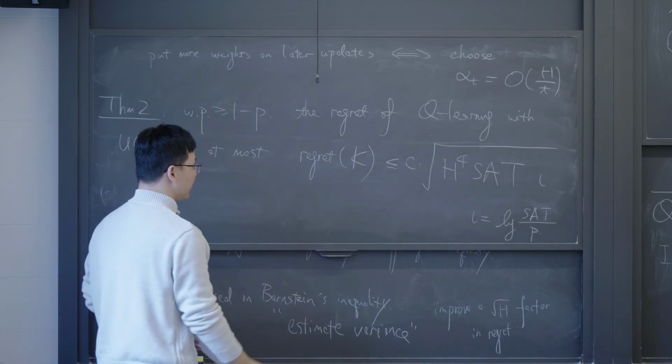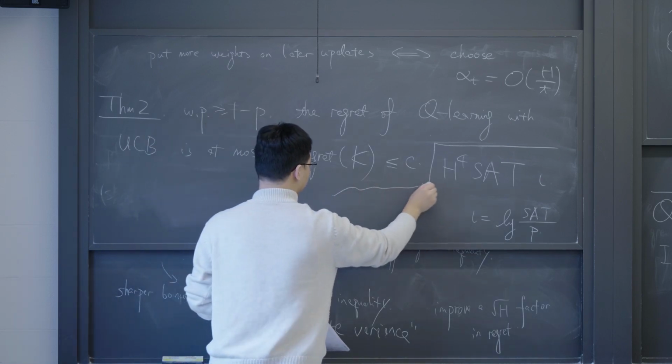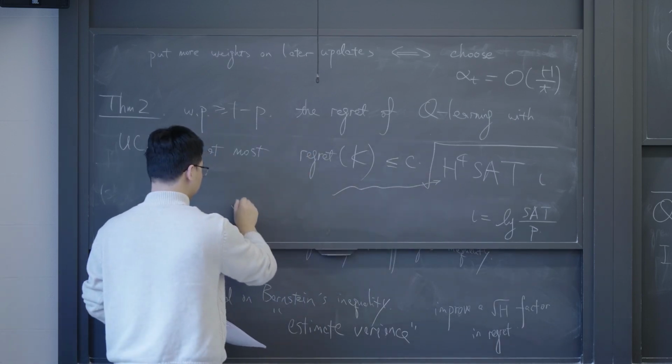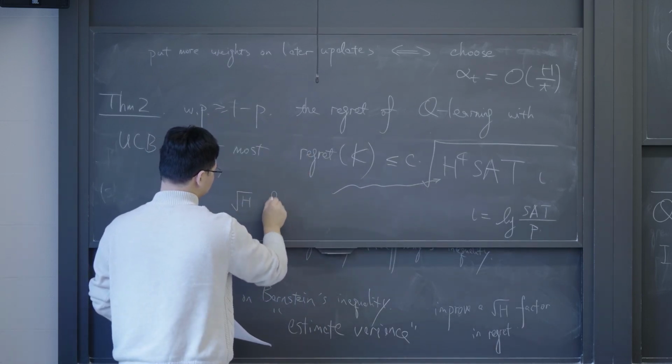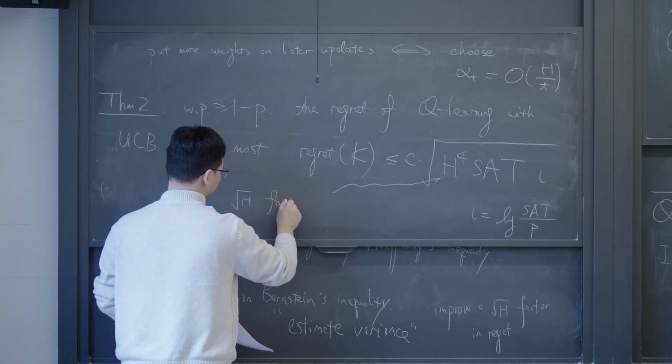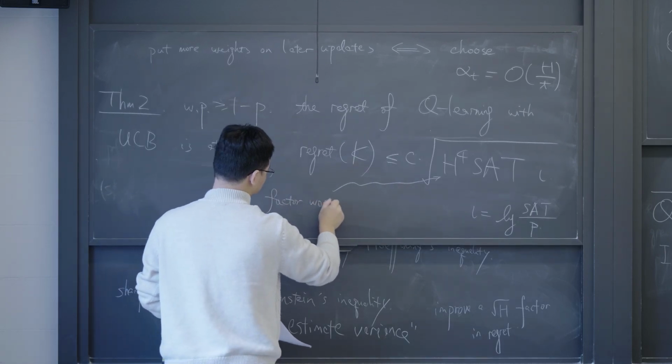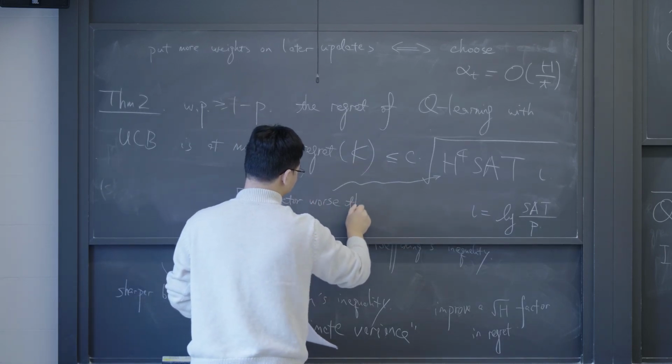And we also notice this regret is a square root h factor worse than UCB VI.